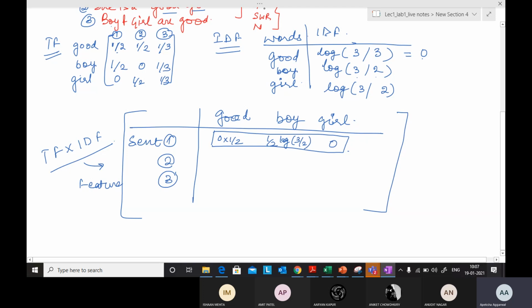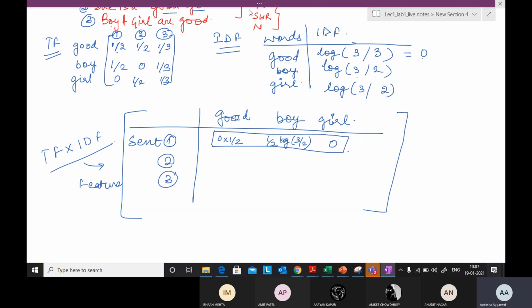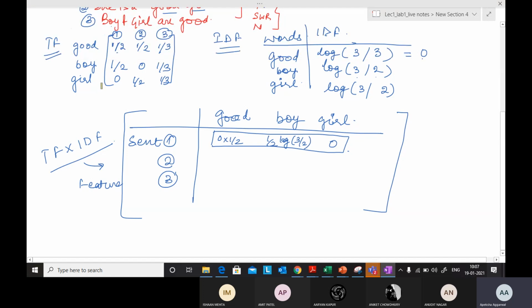Okay, so what we are doing is, I'll highlight over here. This whole good, boy and girl is multiplied with this good, boy and girl to get this first sentence, because we are talking about the first sentence, right?